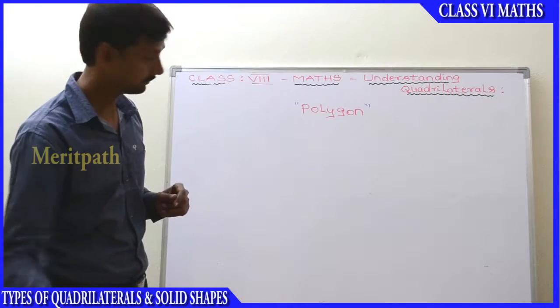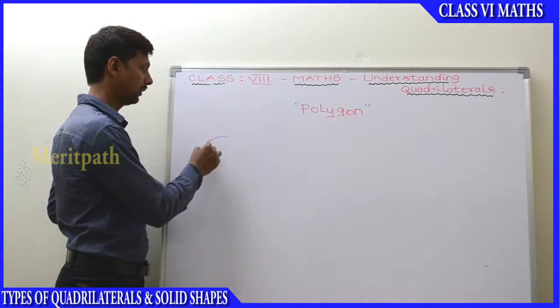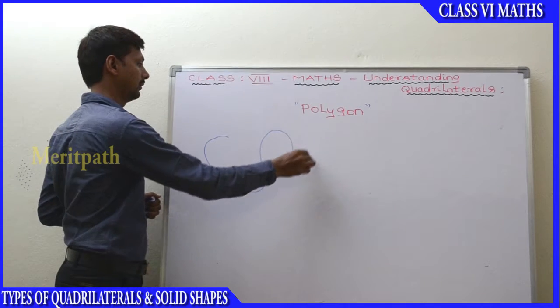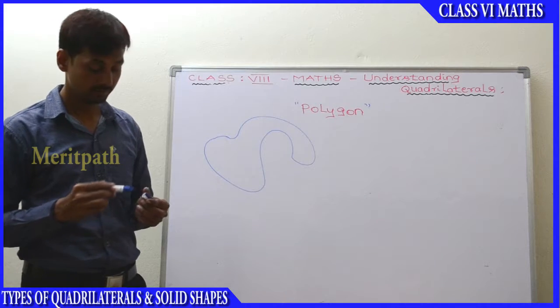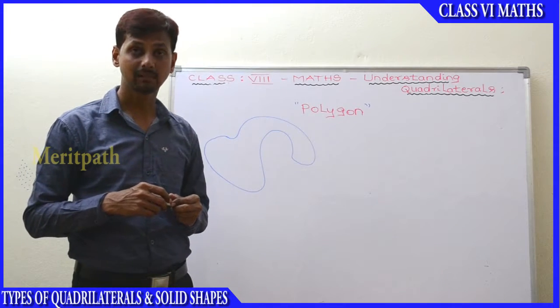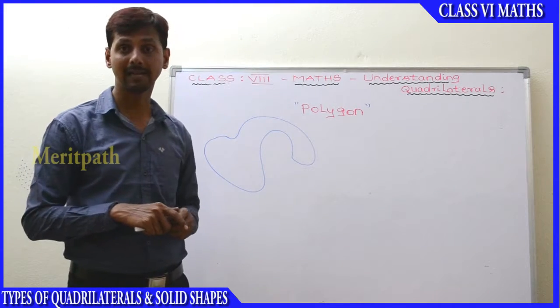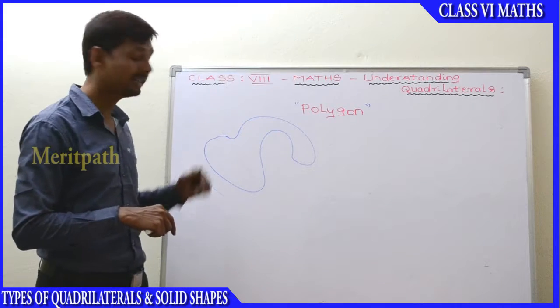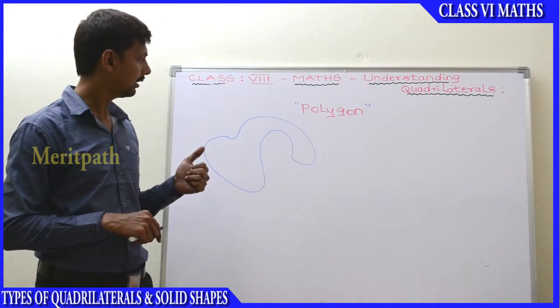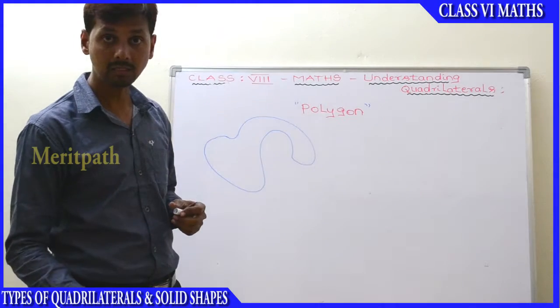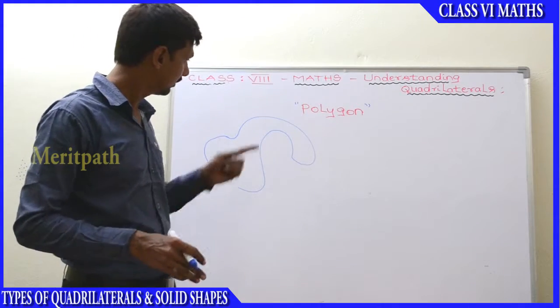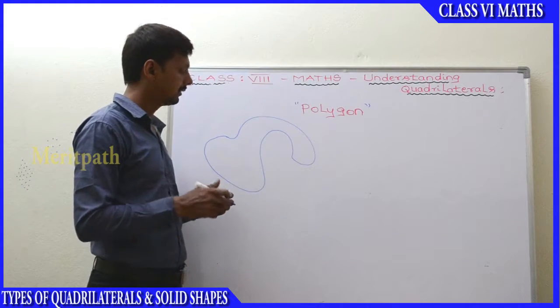For example, draw a line and it is not intersecting itself. This kind of figure is called a simple curve because the line does not intersect. And this is simple. So that's the reason, we call it simple when the line should not intersect itself. It's a concept in that.